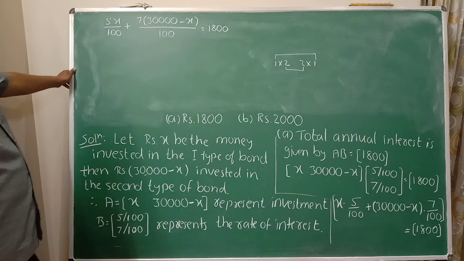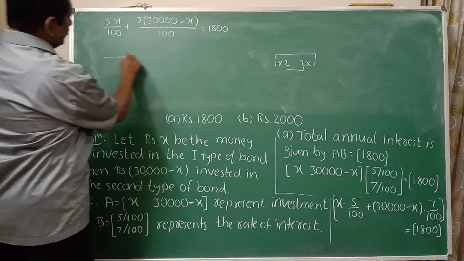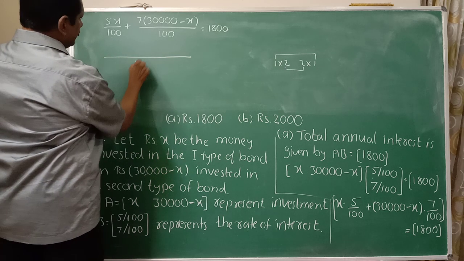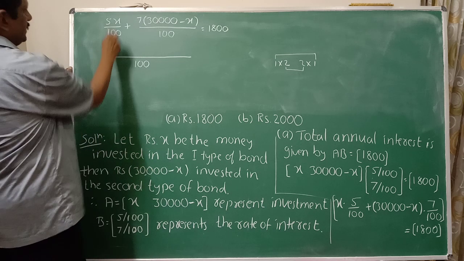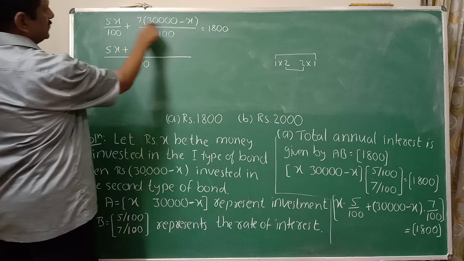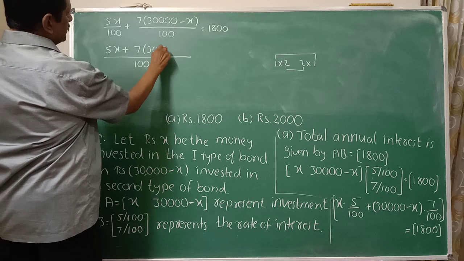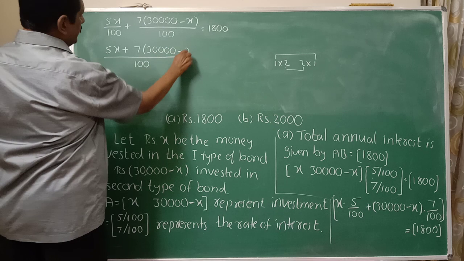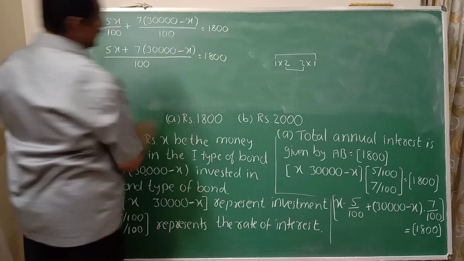Then 100 is the LCM, so write 100 in the denominator. Then write 5x plus 7 into (30,000 minus x) is equal to 1,800.